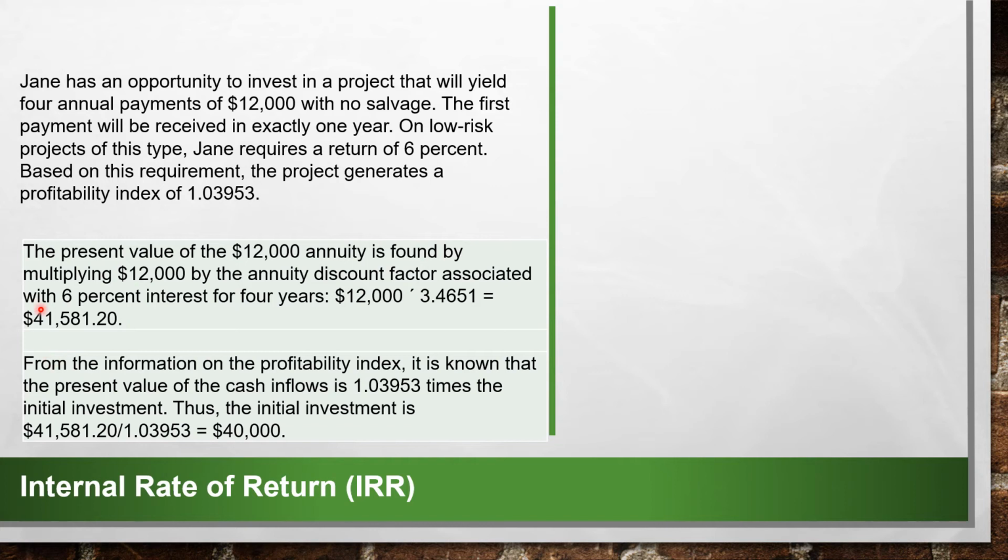So from the factor, you can get the present value of our cash inflows. We have 41,581.2. From the information on our profitability index, since our PVCI is 41,581.2, we just divide that by our profitability index of 1.03953. We get an initial cost of investment of 40,000.